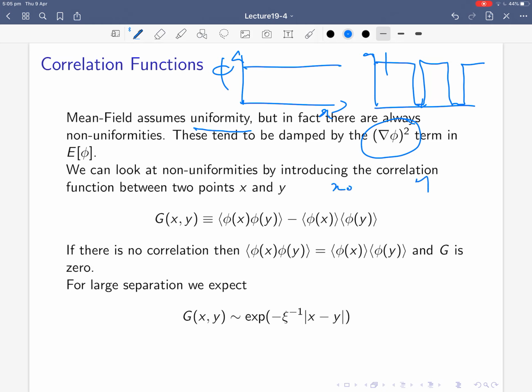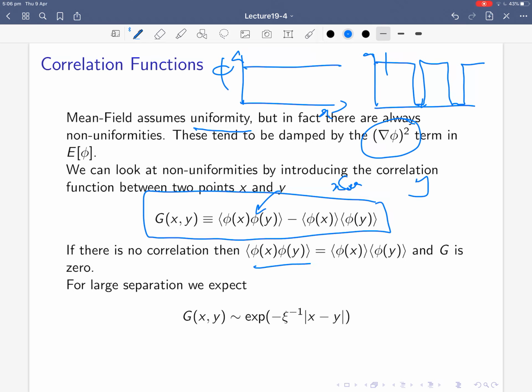So we can look at non-uniformities by introducing a correlation function between 2 points, x and y. This is in one dimension, but it's applicable to any dimension. The 2-point correlation function g of x, y is the average of phi x phi y minus phi x average times phi y average.